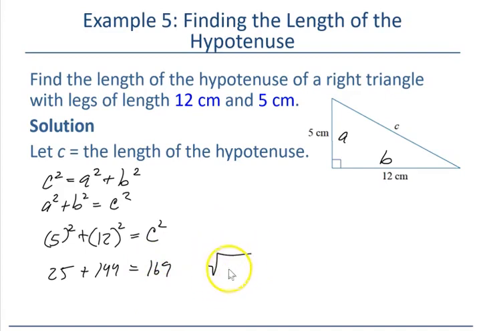The square root of 169 should be one that you can start learning, and I end up getting 13. So I have a triangle with 5 centimeters, 12 centimeters, and 13 centimeters.